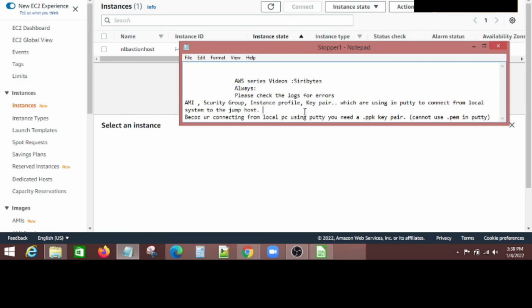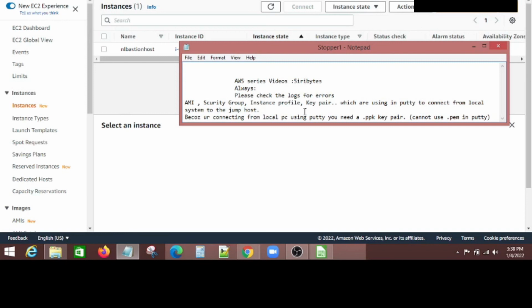There are so many things you can do, such as the volume you need to give and what kind of volume it is, whether any file systems need to be connected, and whether it has to be set up in any kind of cluster.